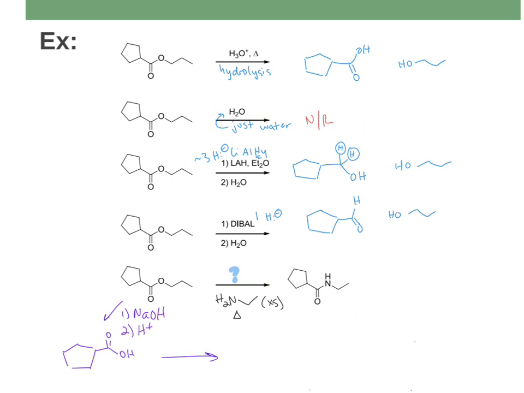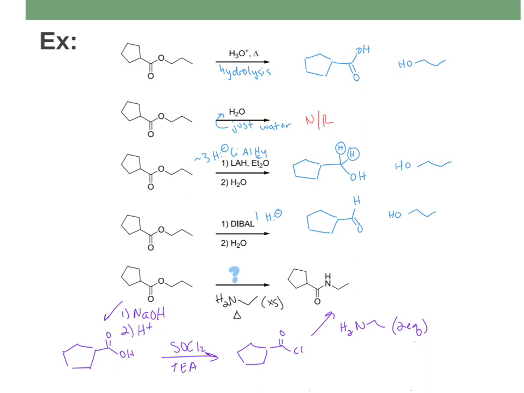Then I would just isolate that, sprinkle in a little SOCl2 and maybe some triethylamine to turn it into that nice, super reactive acyl chloride. Again, from here on out, all these reactions are done at room temperature. And then I can just add the amine that I wanted. Again, excess, I need at least 2 equivalents of this. And I get my amide.